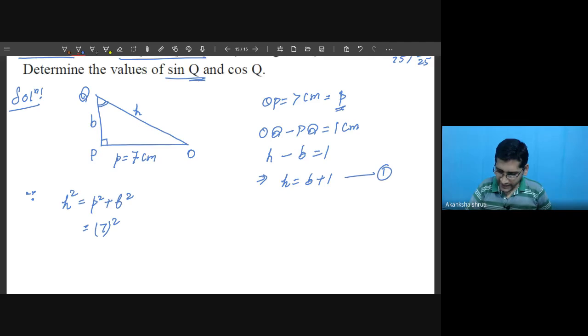So let me do it like that. If you take just B from here, then bringing this to the right hand side, that will be H minus 1. Let me substitute in terms of H square, so that you see that H can also be calculated directly. Plus this B is nothing but H minus 1 square.